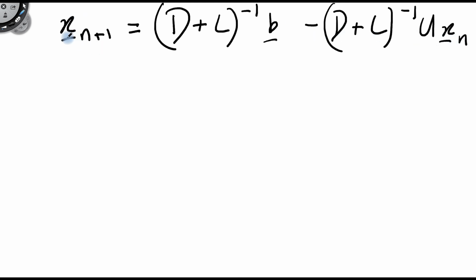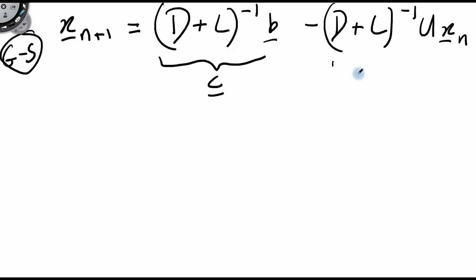So what we've done here with Gauss-Seidel is we've now got it in a form, although we would never compute it in this way, that for analysis purposes is very useful. We've got a C matrix here, so it's C minus B of xn.